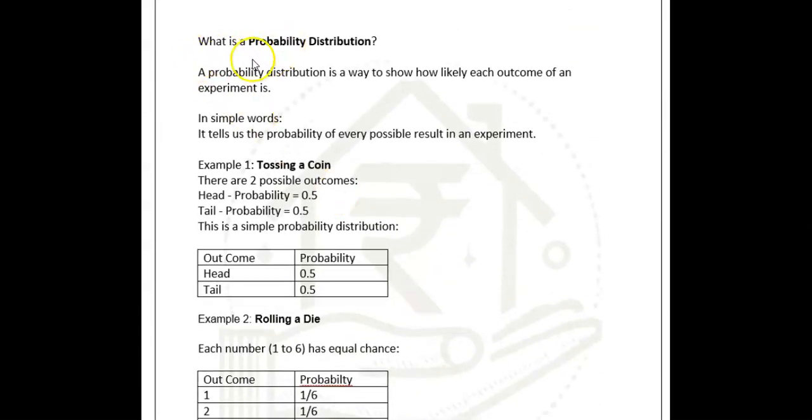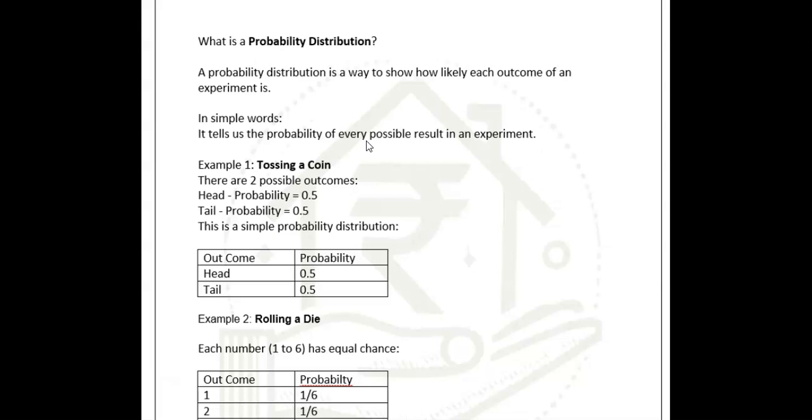Now, what is a probability distribution? A probability distribution is a way to show how likely each outcome of an experiment is. In simple words, it tells us the probability of every possible result in an experiment. If you roll a die, there are 6 results.